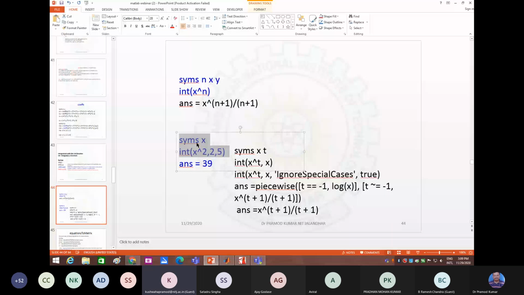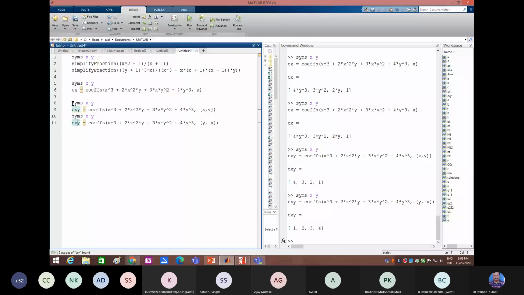Tell me what will be the answer? Otherwise, I will give you the answer. X cube integration from 2 to 5. Anyone? 609 by 4.